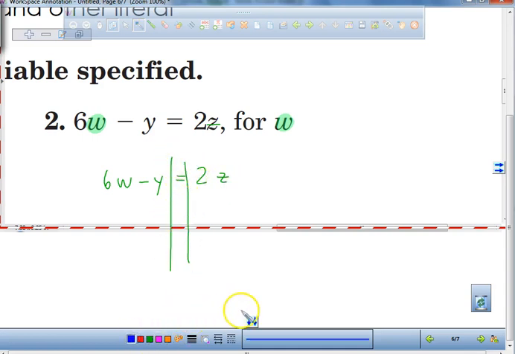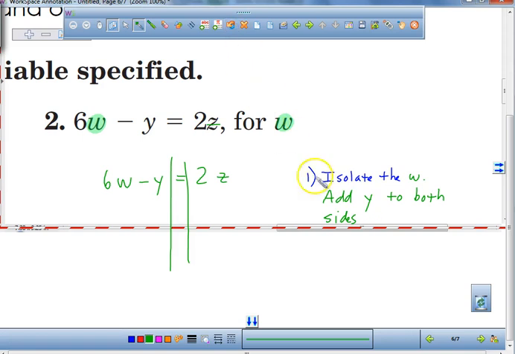This problem has literally just 2 steps. Step 1, I'm going to isolate the W. Now how am I going to isolate the W? I'm literally going to add Y to both sides of the equal sign.